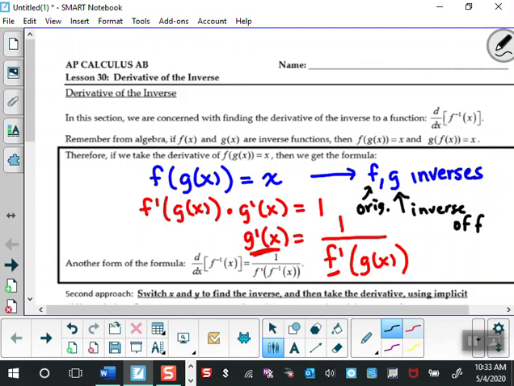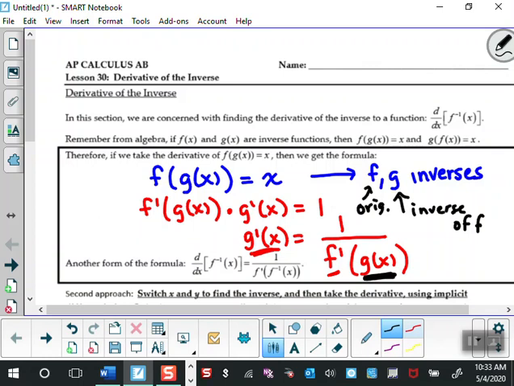If I want the derivative of the inverse of f, it'll be 1 over the derivative of f at g of x. So we can look at this a couple ways. This is probably the most confusing part: what does this mean? What number is that?